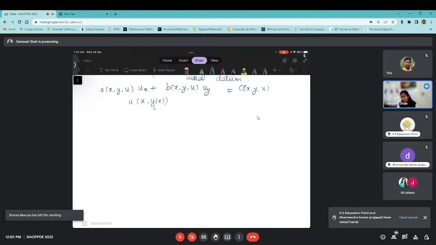This is basically t equals 0. You can write here t or y as a function of x equals u naught of x.